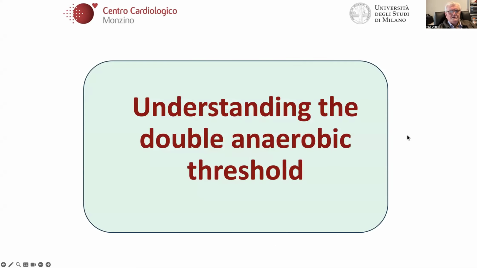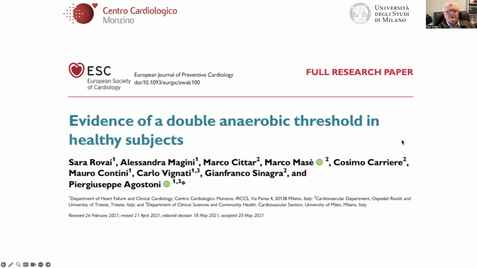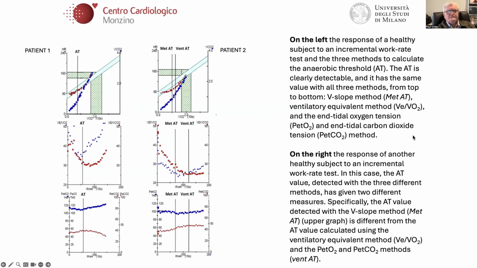Well, now, you may have heard the term double anaerobic threshold. Let's just have a look at this. First of all, is there a double anaerobic threshold in healthy patients? Well, the work done here in this article, let's look. These are 2 patients, both of them healthy, neither of them sick.